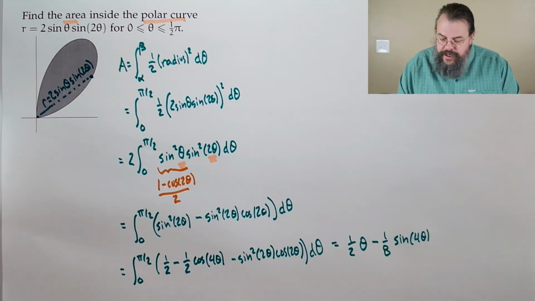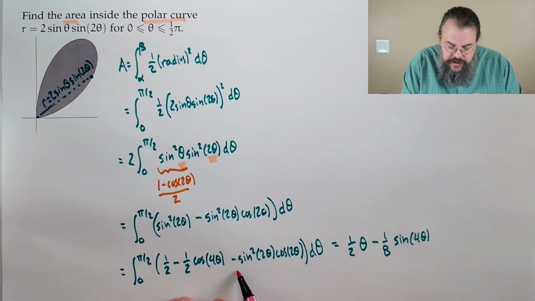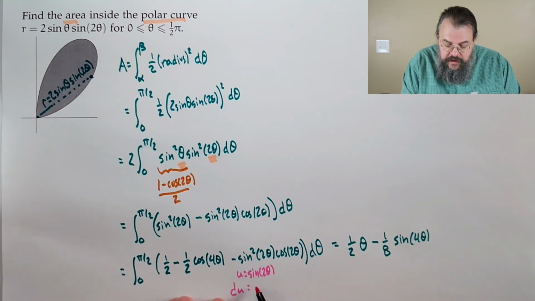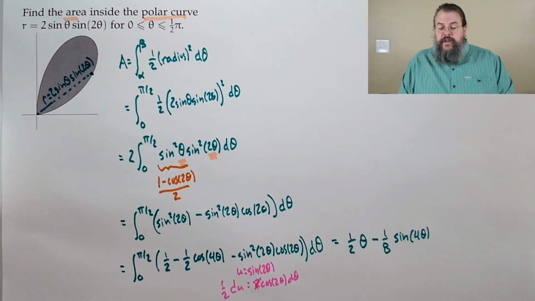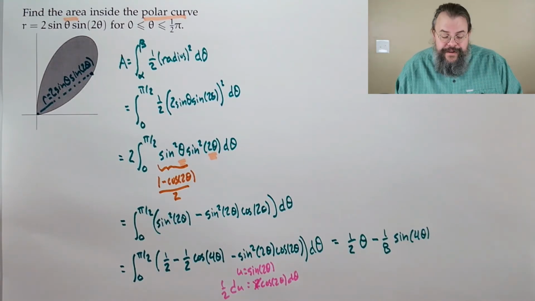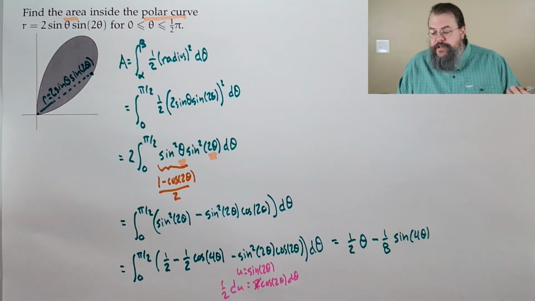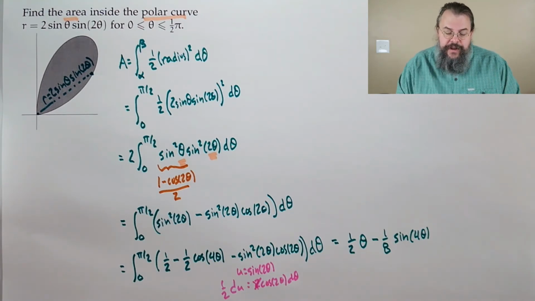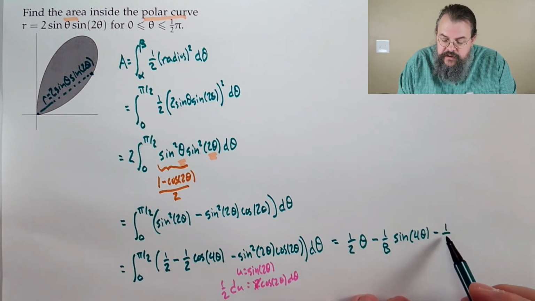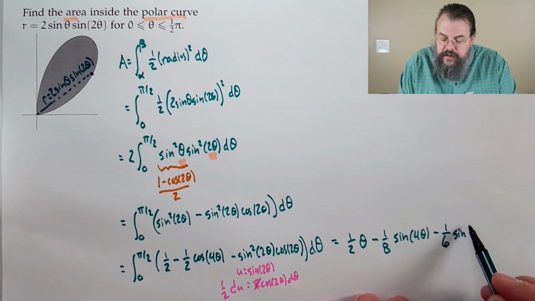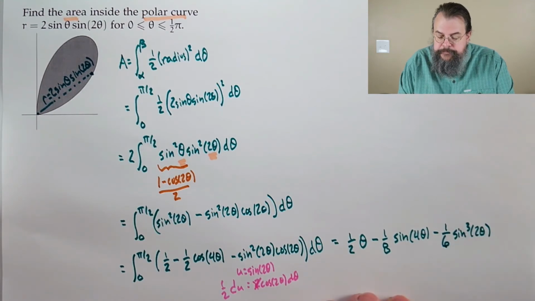If u equals sine of 2 theta, then du is 2 cosine 2 theta d theta. The 2 moves across, so 1/2 du is cosine 2 theta d theta. So we really have the integral of u squared at the end, which is u cubed over 3. Times 1/2 makes it minus 1/6 sine cubed of 2 theta.